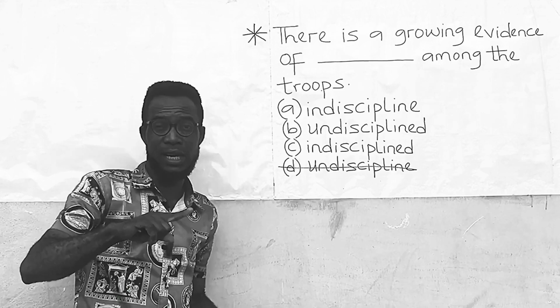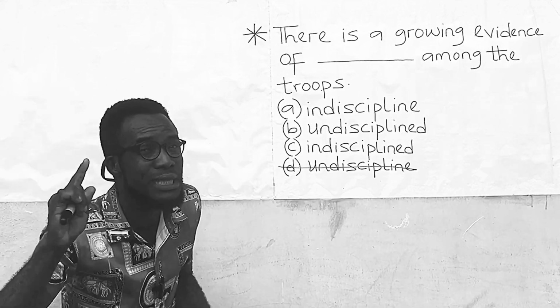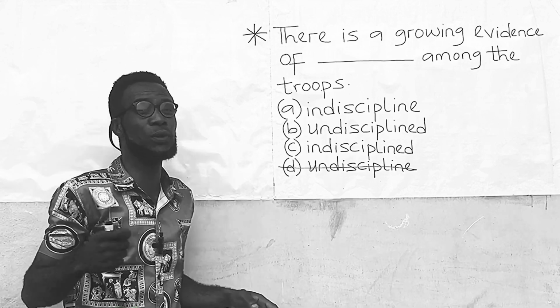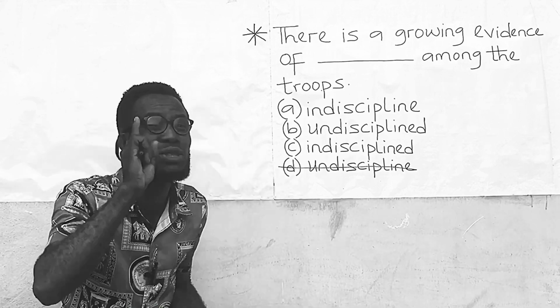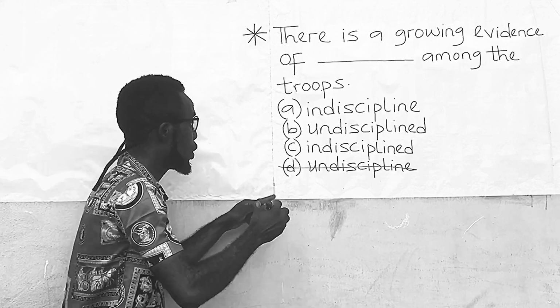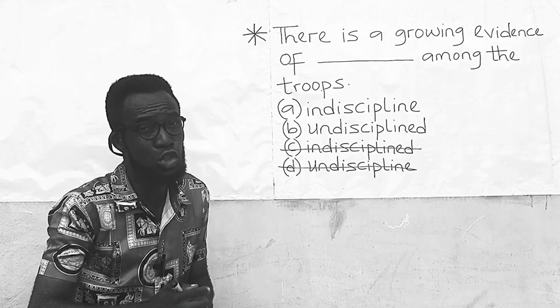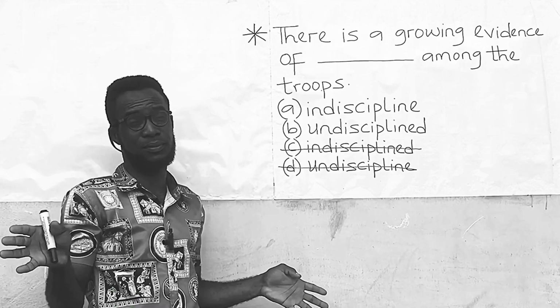Also, we said that the word indiscipline should never end with a D. It should be indiscipline. For that reason, option C is wrong because the word indiscipline should never end with a D.